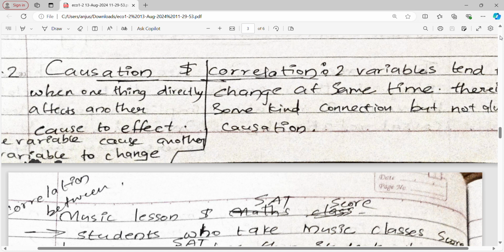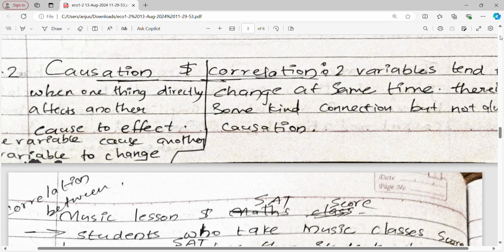Next is correlation. We say causation is the path from cause to effect. Correlation means two variables tend to change at the same time. In causation, when the stove is turned on, only then does the water temperature start rising.